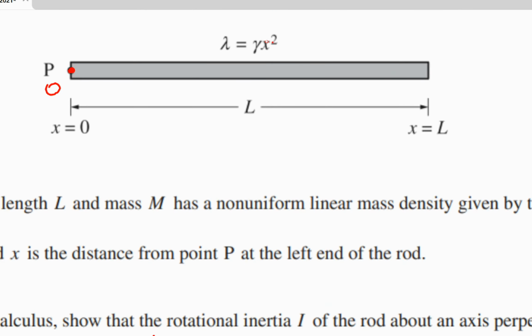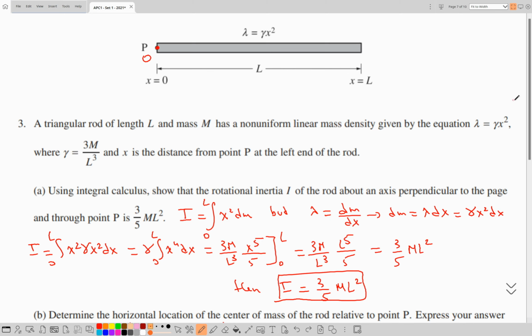That the center of mass is located in the right region here, more shifted toward the end of the rod. So it's more away from the pivot.